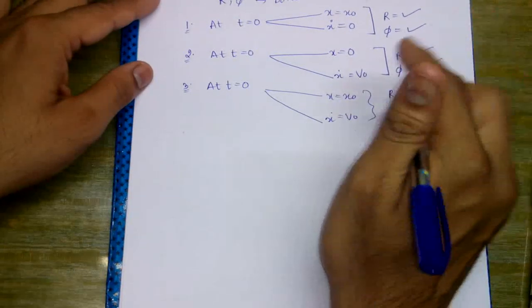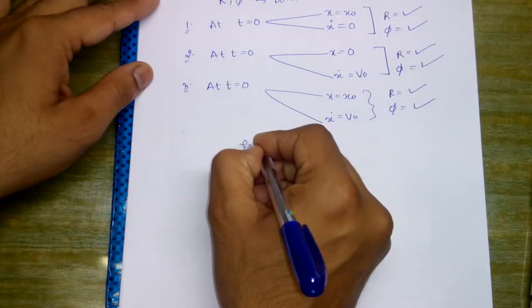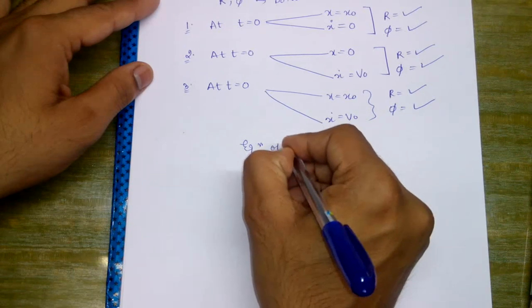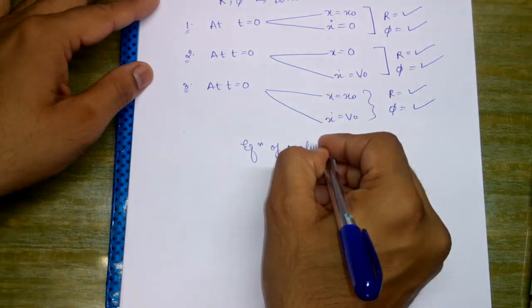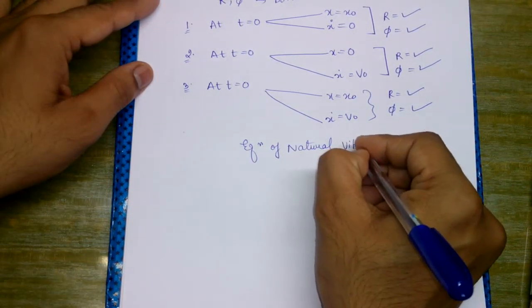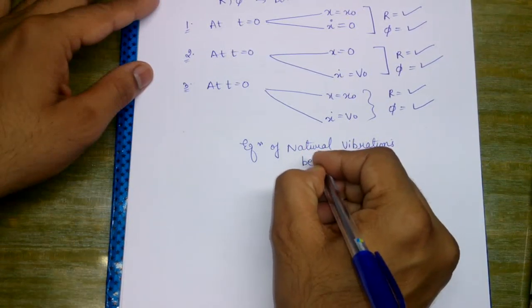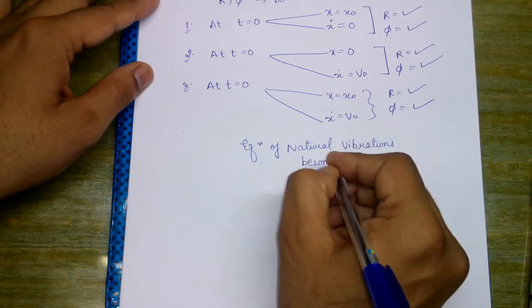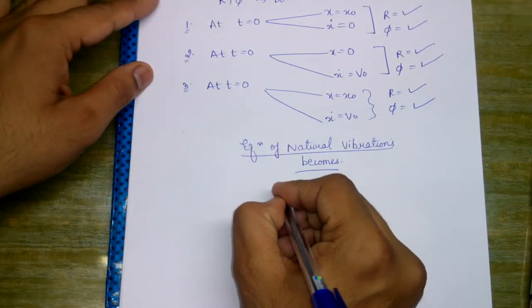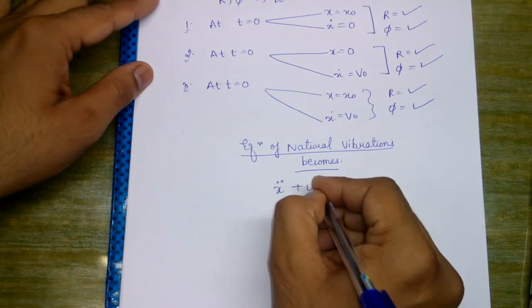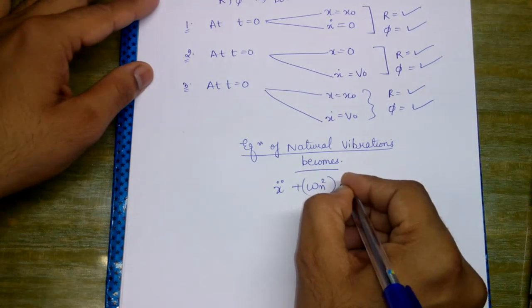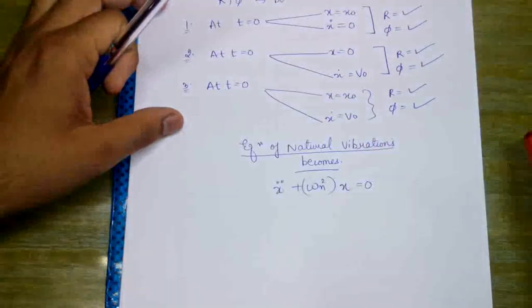So finally, if we look, the equation of natural vibrations becomes x double dot plus omega n square x is equals to 0.